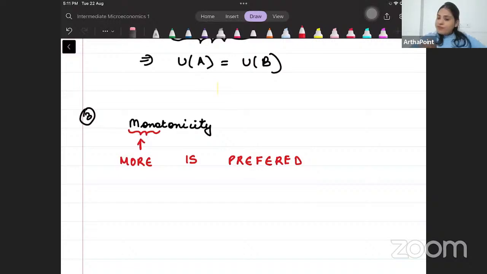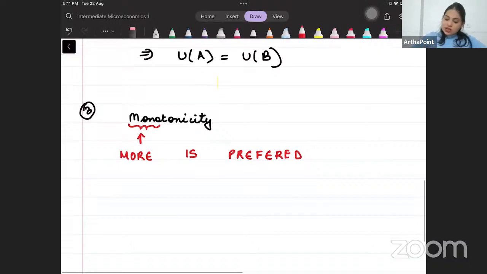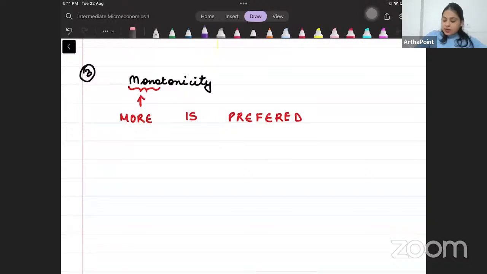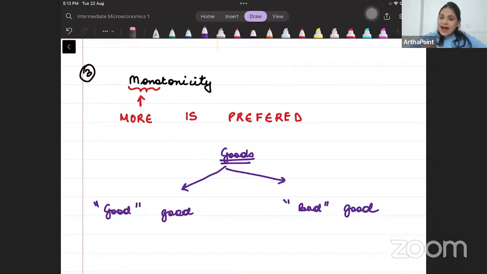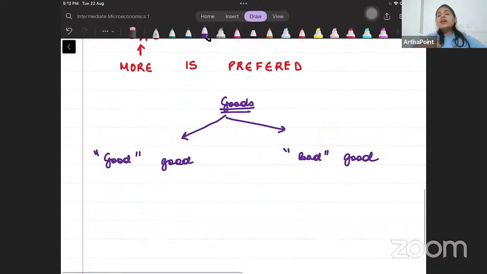Now, before I go into monotonicity, please understand that my goods can be classified into 2 types. One is called a good good, and one is known as a bad good. A good good is that good which when consumed will increase your utility.